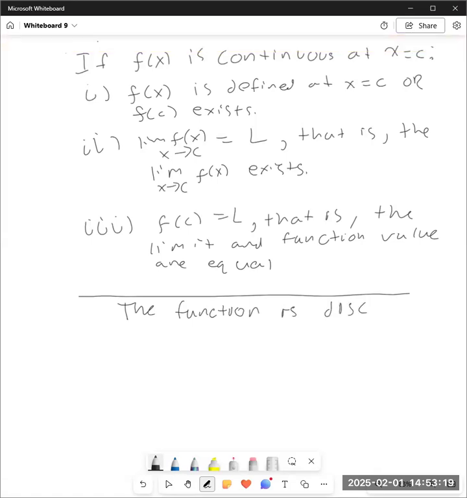Well, let's just say it's discontinuous, is not continuous, at three types of things. 1, 2, 3. So vertical asymptotes, holes, and jumps in the graph.